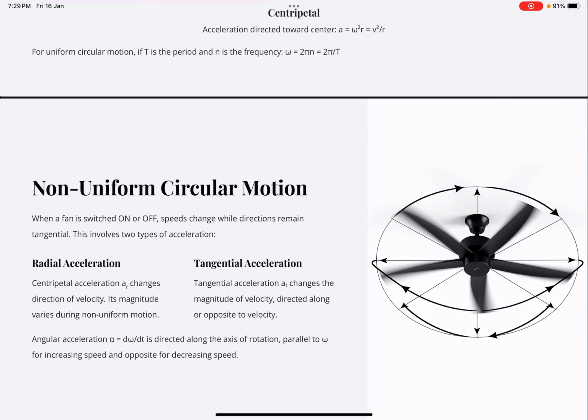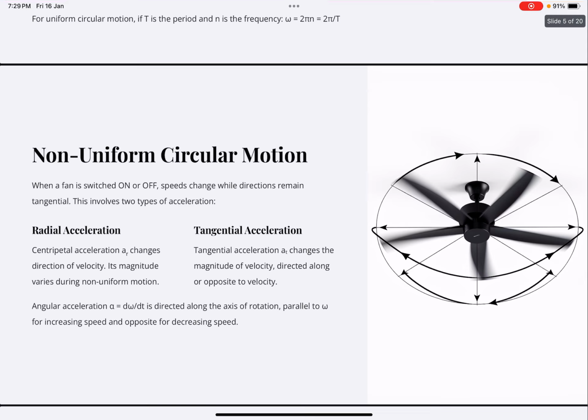In non-uniform circular motion, like when you are switching on or switching off the fan, the speed also changes along with the direction, and hence it is a non-uniform motion. This involves two types of acceleration: you will have radial acceleration as well as tangential acceleration.